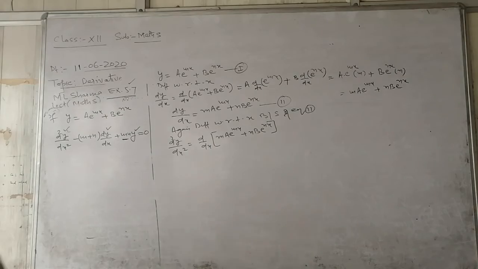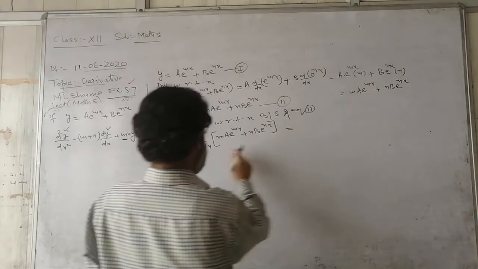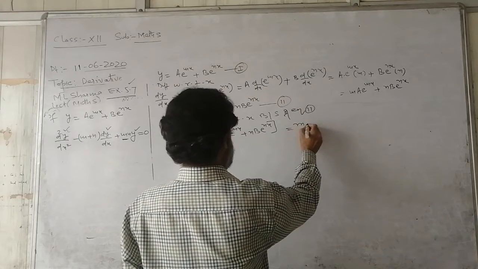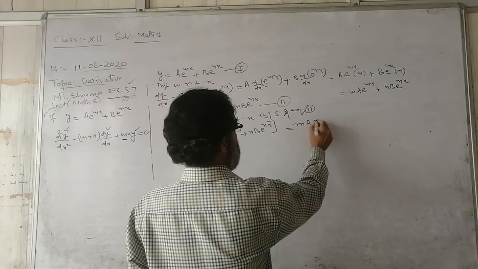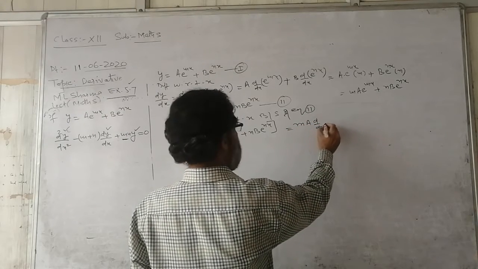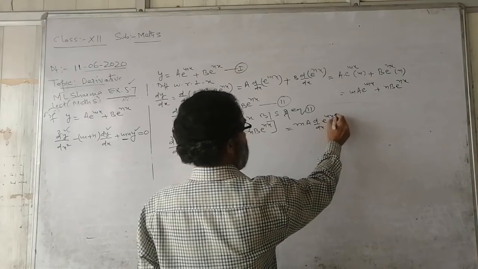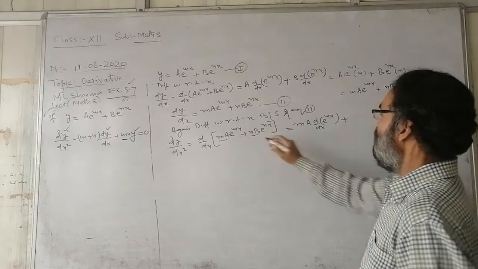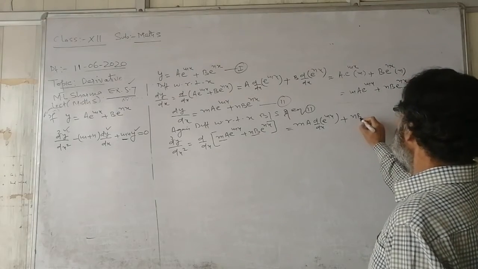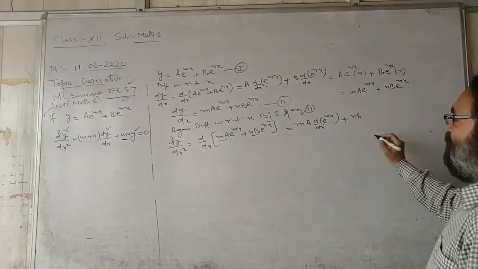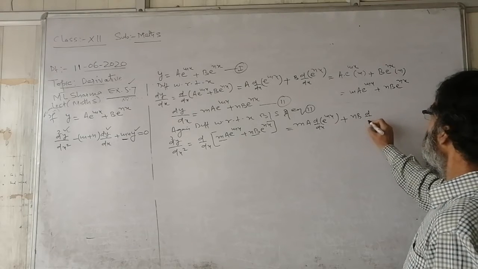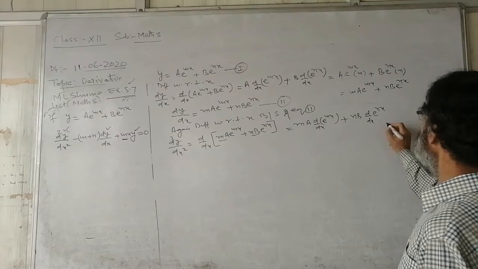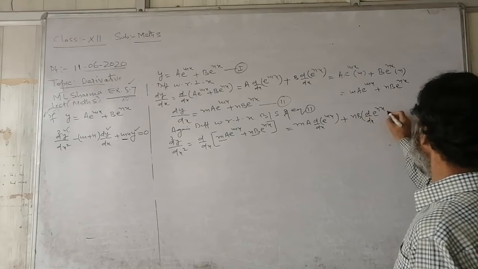Its derivative will be: m and a are constants, so they can be taken outside, e raised to power mx. Same way n and b are constants, they can be taken outside, and the derivative of e^(nx).